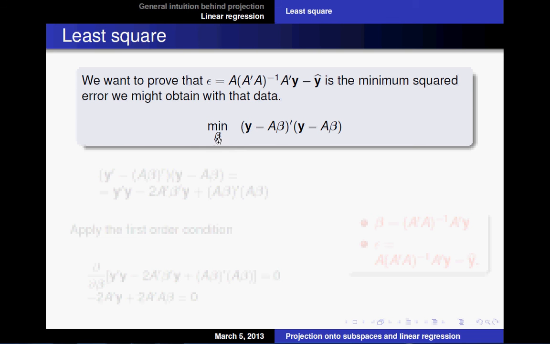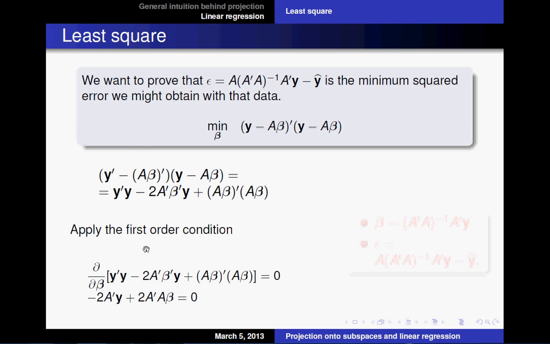So let's minimize with respect to beta (y minus A beta) transpose (y minus A beta). This is equal to that.